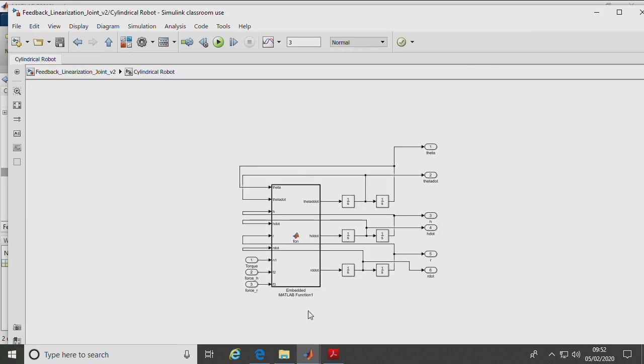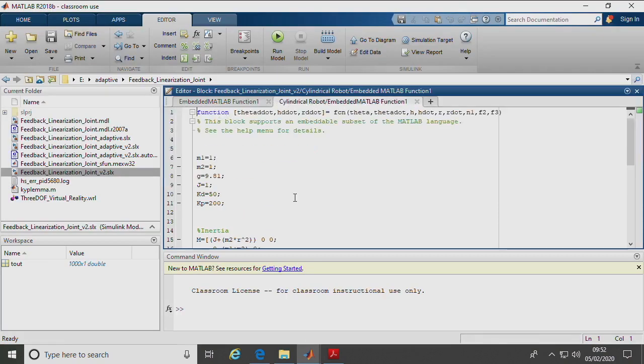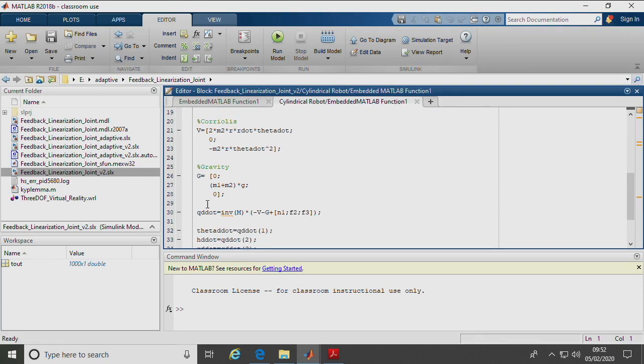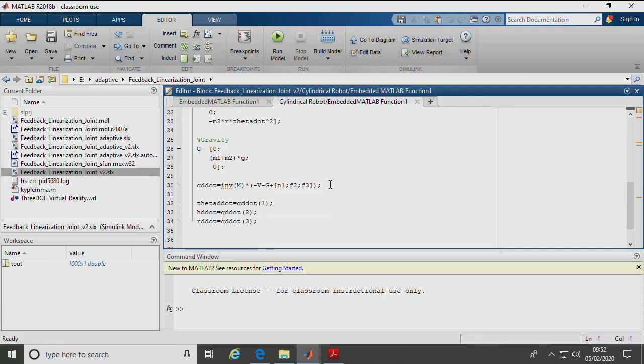Here I have replicated our M, our V, our G, and created the nonlinear dynamics with an additional vector for the actuators.